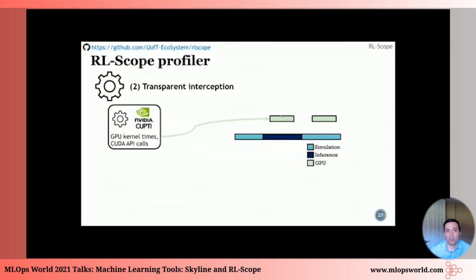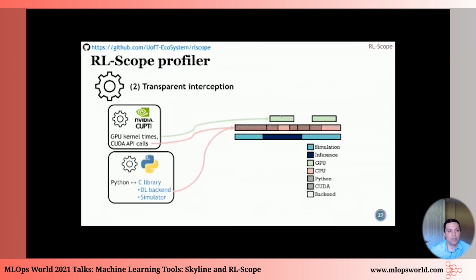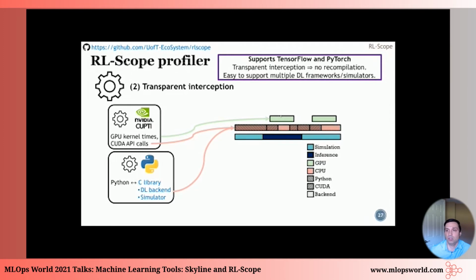Also, all the interception is transparent. We intercept all the calls from the CUDA libraries, CUPTI, and make sure we attribute them to the right thing, whether it's CPU, GPU, Python, CUDA, or the backend. And that's all transparent. You don't need to recompile anything or change anything. It makes it very easy to support multiple frameworks and simulators.